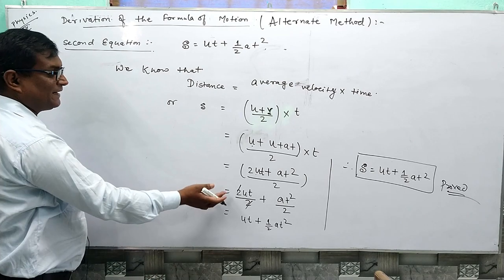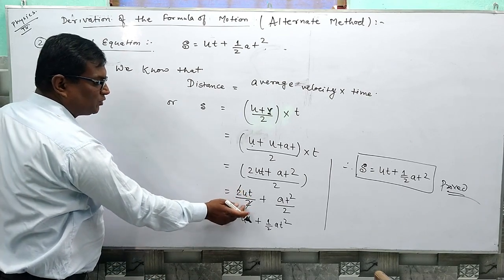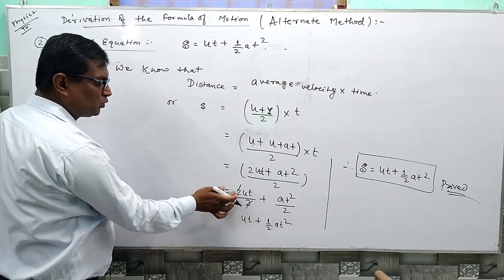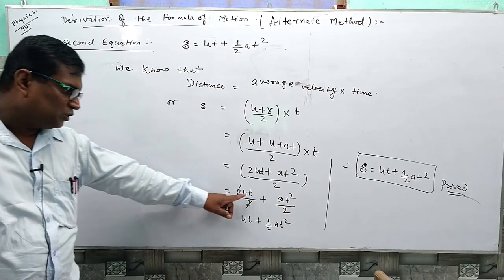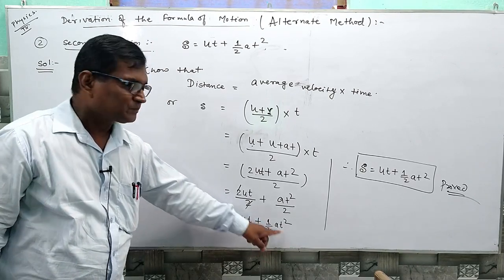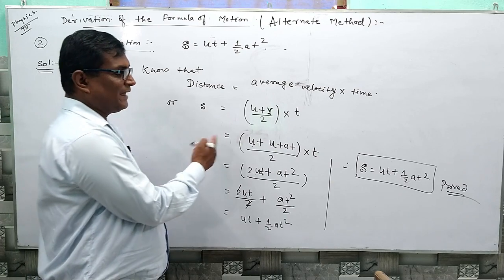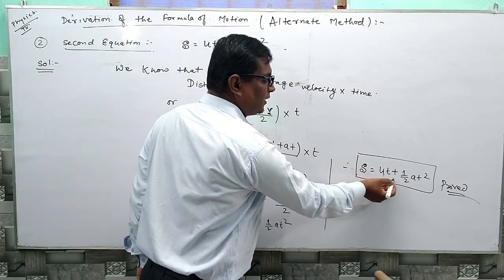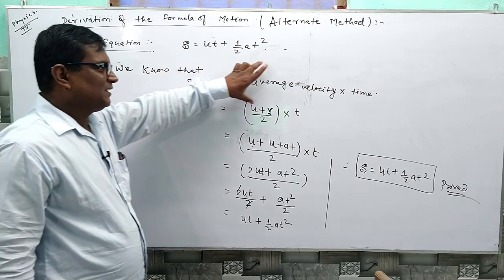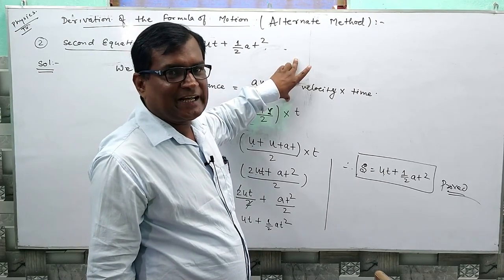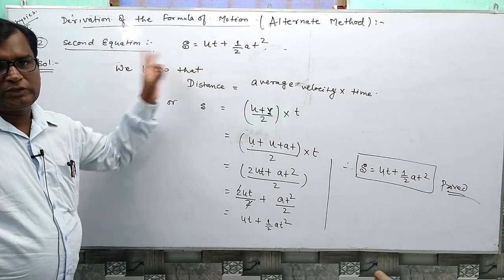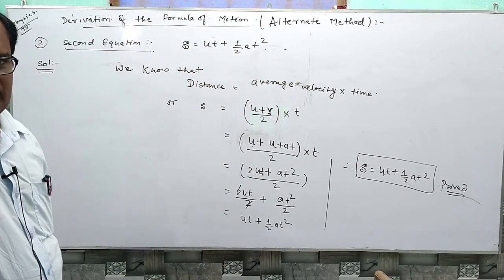When you divide it, 2ut by 2 plus at squared by 2 cancels, ut plus half at squared remaining. In this way we can say that s equal to ut plus half at squared. That is the solution of the second equation of motion.